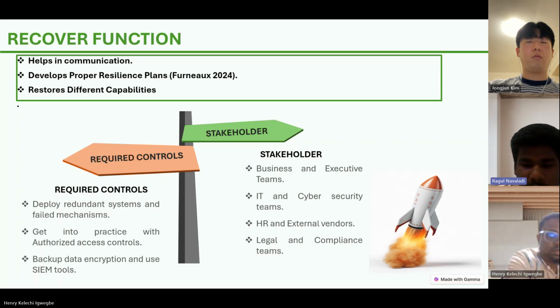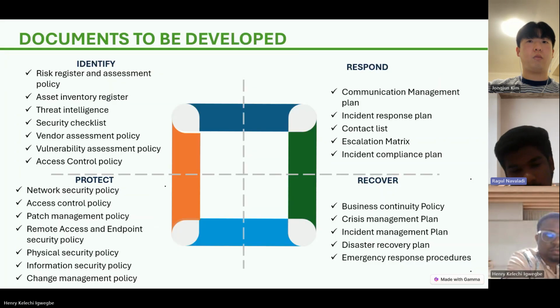Then HR and external teams, who have to communicate with the customers and also stakeholders like partners, so they have to manage these things. And then legal and compliance teams, who need to handle the incident in the proper and legal way. This is the part of this team.